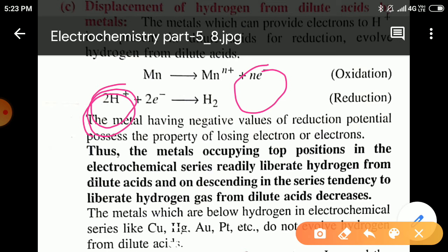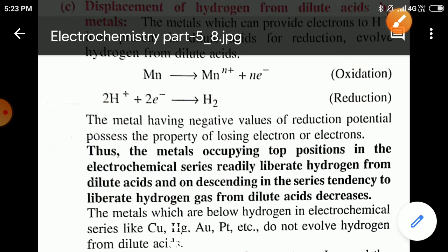So the hydrogen ion gets reduced into a hydrogen molecule. So here manganese is able to release hydrogen from dilute acid.